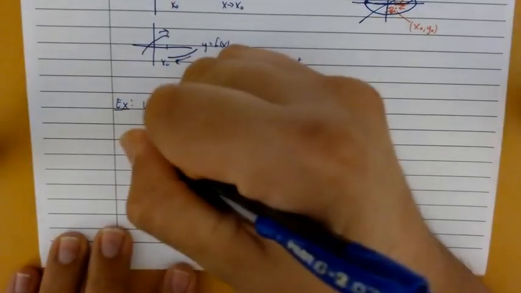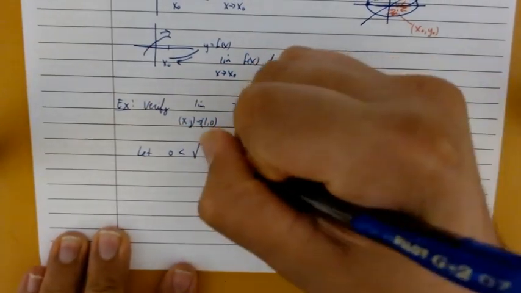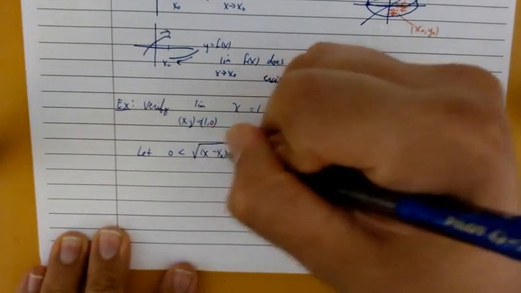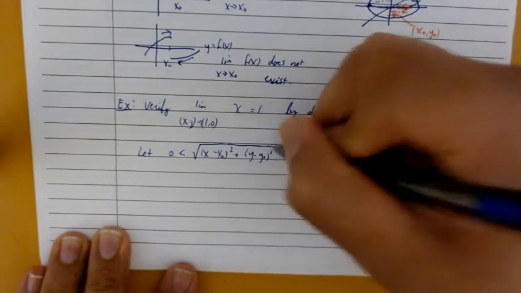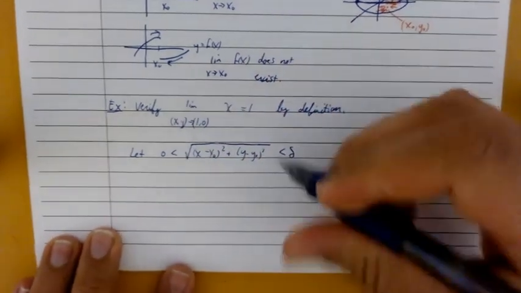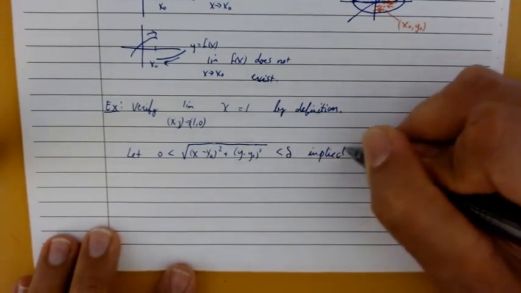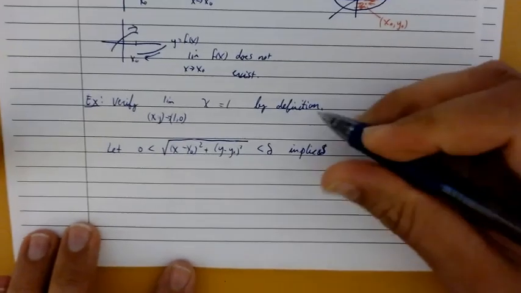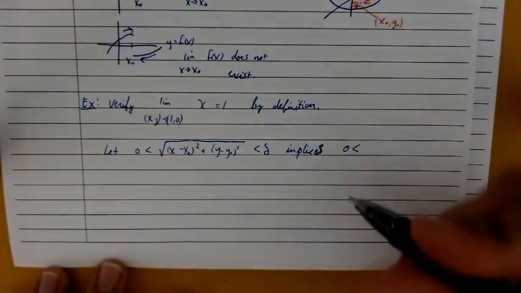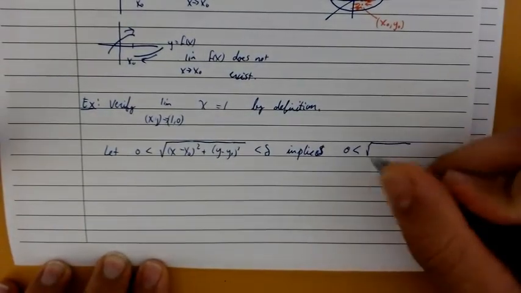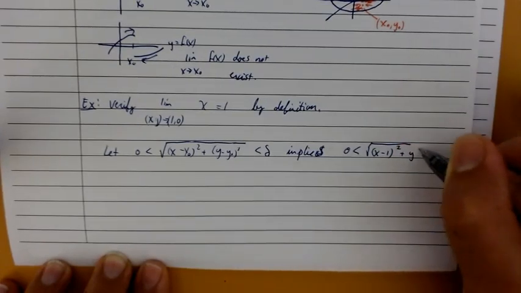Let 0 less than the square root of x minus x naught squared plus y minus y naught squared less than delta imply that 0 less than the square root of x minus 1 squared plus y squared.